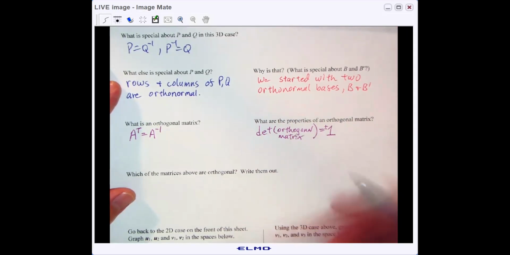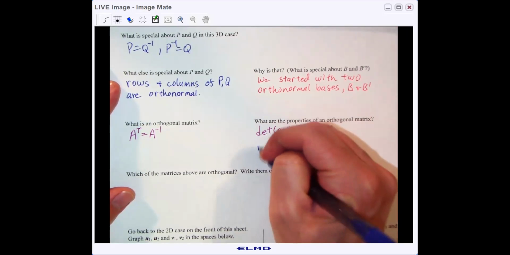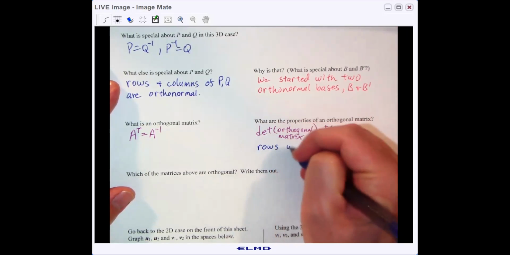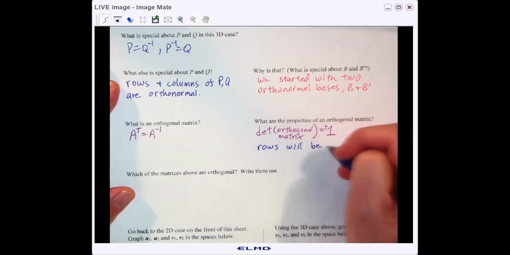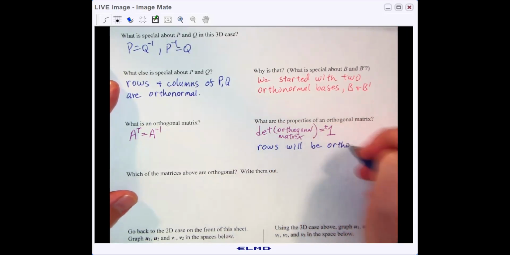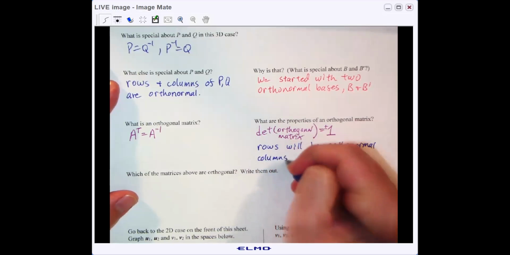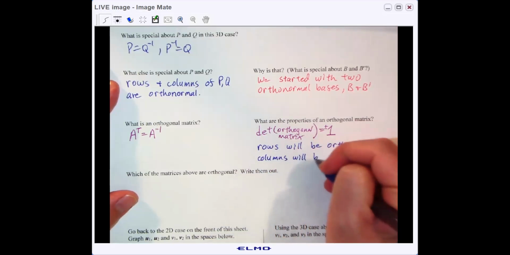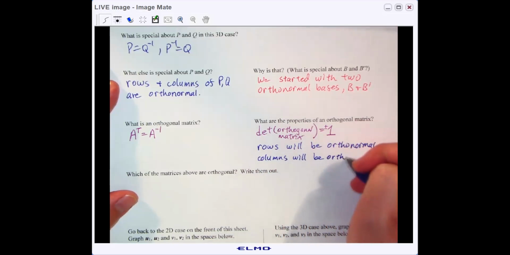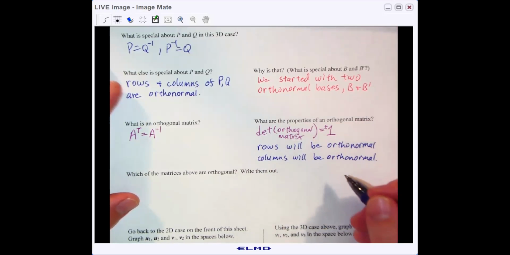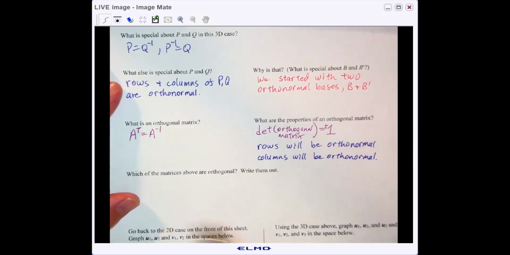And again, if it's an orthogonal matrix, the rows will be orthonormal, and the columns will be orthonormal.